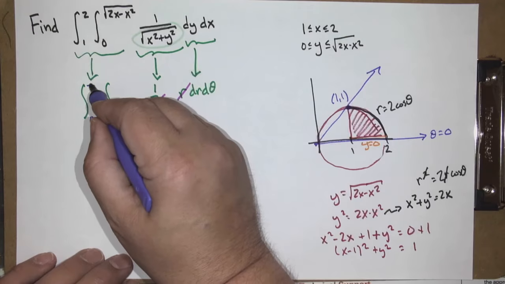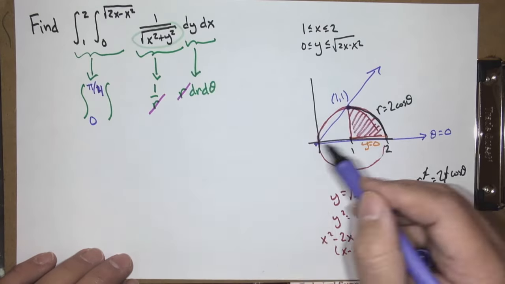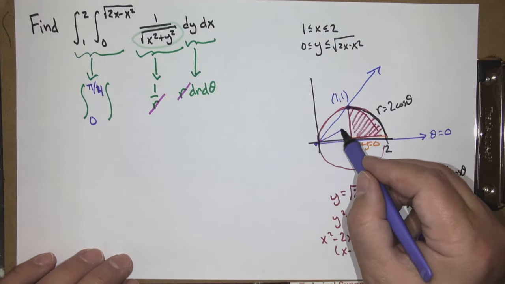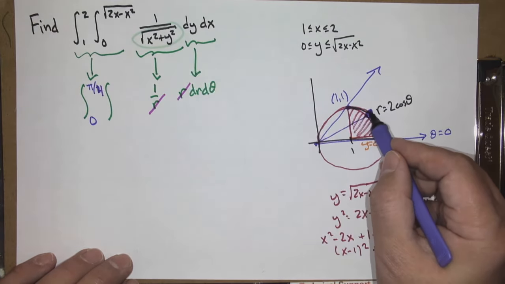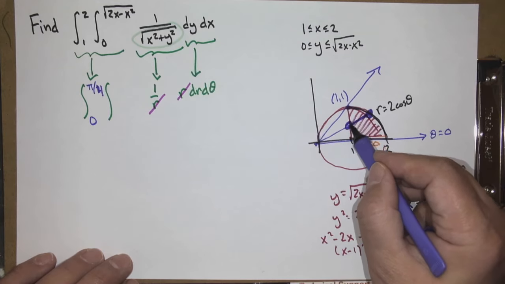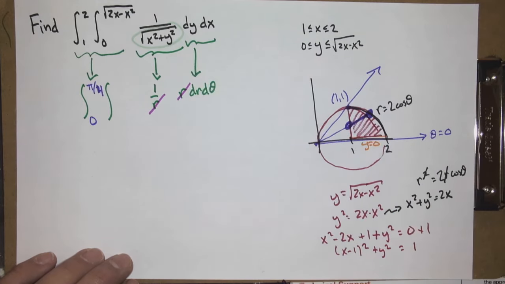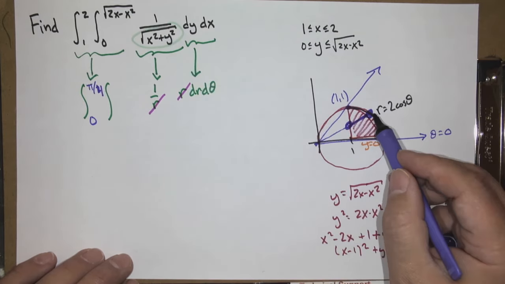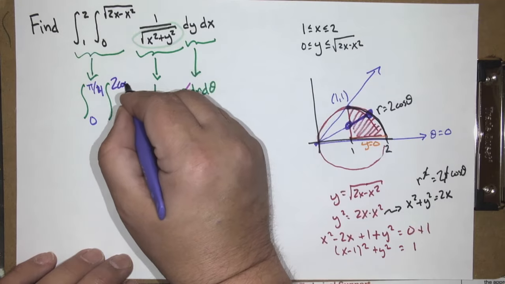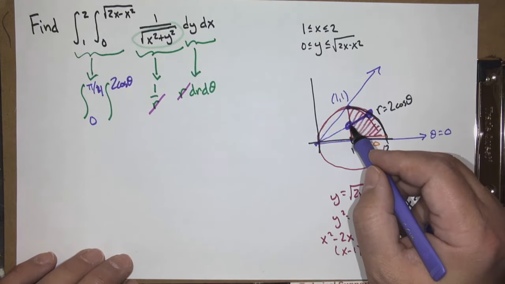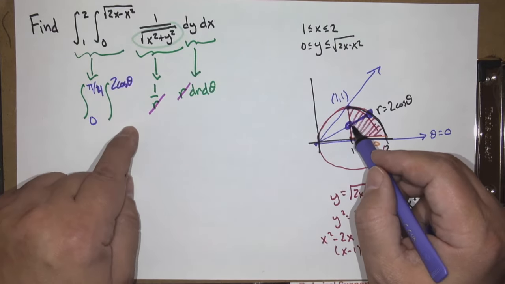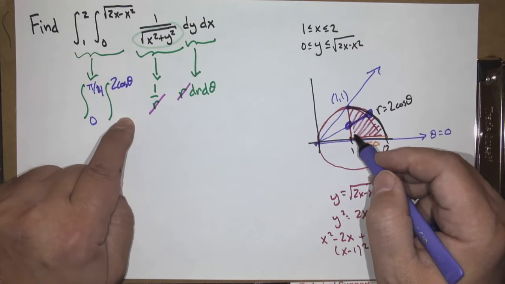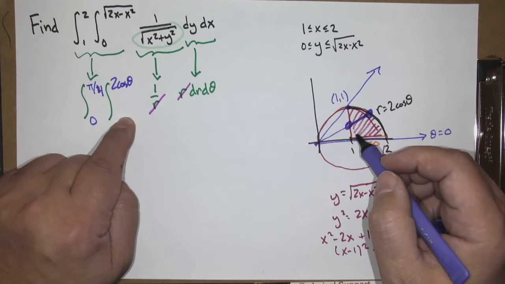Pi over 4. Now, as I come, I need to go between two curves. What's my outer curve? 2 cosine theta. Oh, this is great. I'm loving it. We're 1 entry away. Just 1 more and we'd have it.